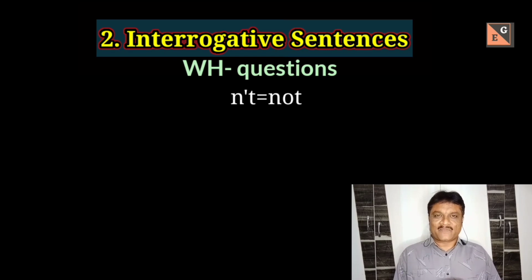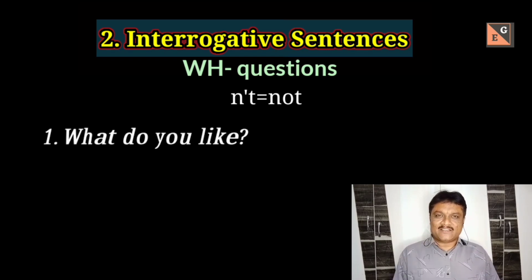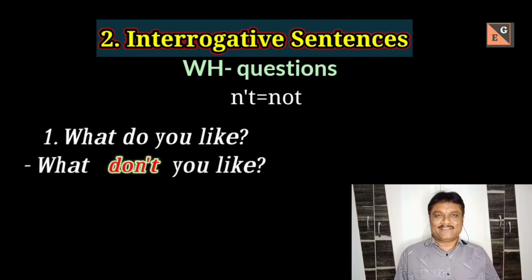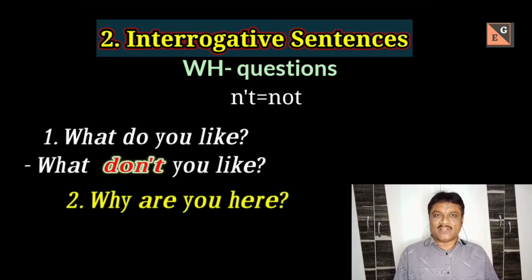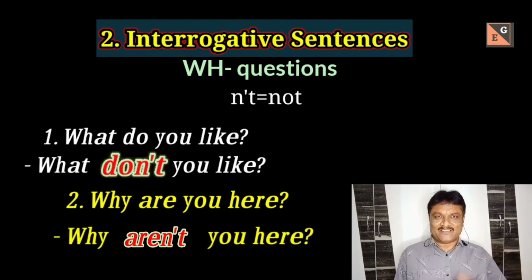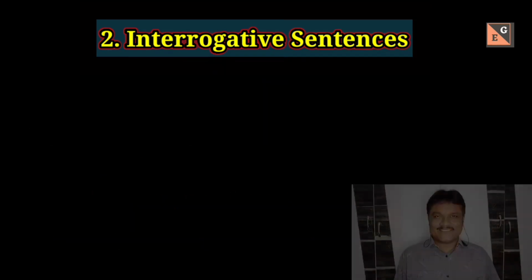For example, what do you like is changed into what don't you like? Why are you here is changed into why aren't you here? So easy a task, isn't it?